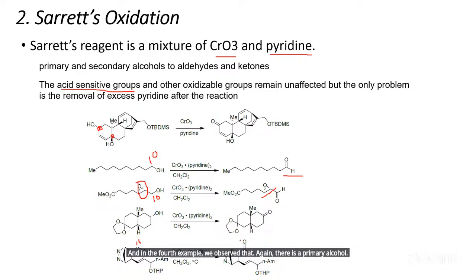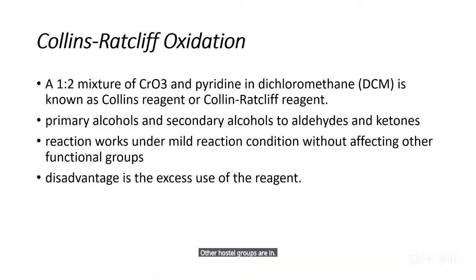This primary alcohol is oxidized to an aldehyde, while the nitrogen bonds remain unaffected. This is the key feature of the Collins oxidation: oxidation takes place, but due to the acid sensitive group, the other functional groups remain unaffected.